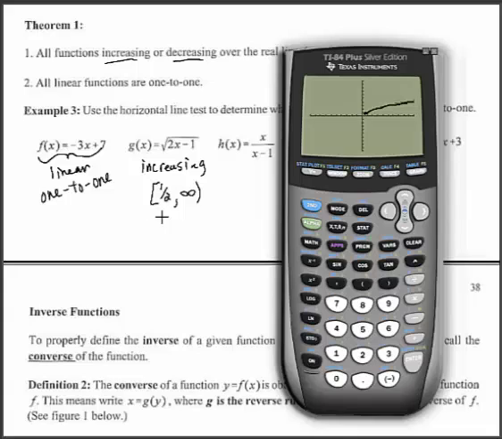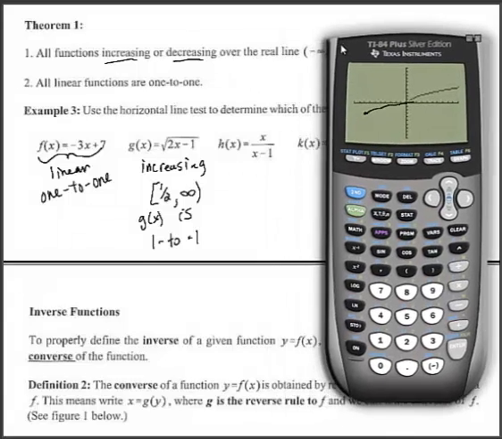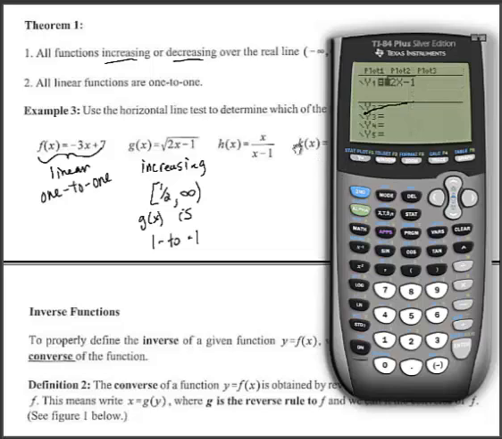Across its entire domain, it's increasing. So g of x is 1 to 1.